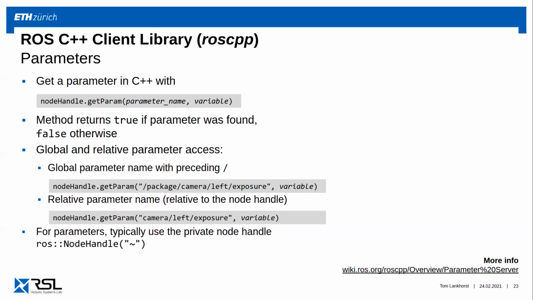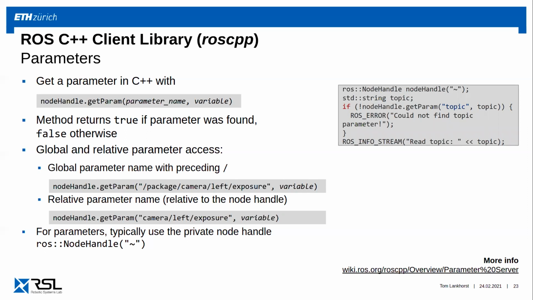We omit the leading slash in this case. If you are using parameters, you will typically use the private node handle. That's the node handle that's initialized with a tilde, because these parameters are often only relevant to the node that you're defining.